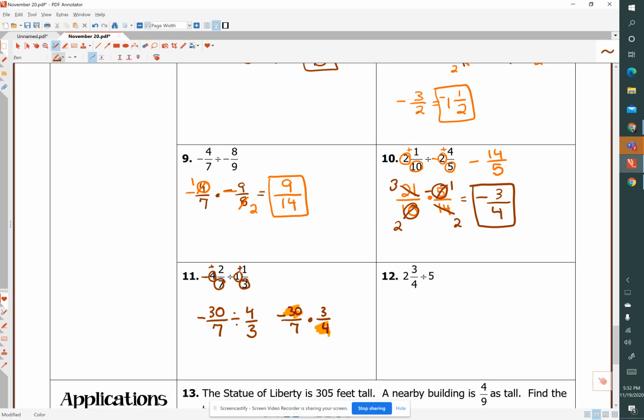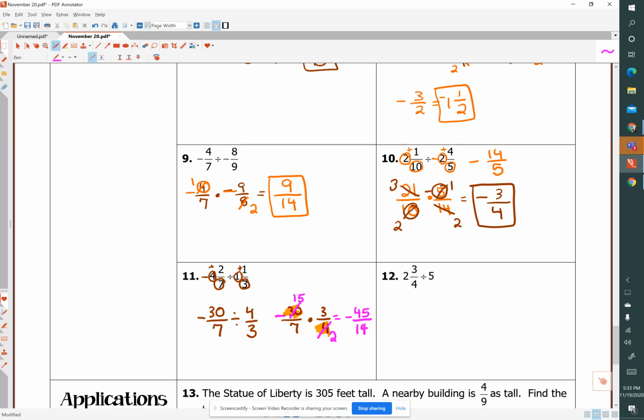Let me change my color, and both of those are divisible by 2. So 4 divided by 2 is 2. 30 divided by 2 is 15. That's going to make my numbers a little bit smaller and easier to work with. I still have this negative. Negative 15 times 3 is negative 45, and 7 times 2 is 14.